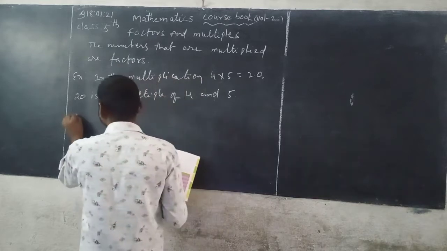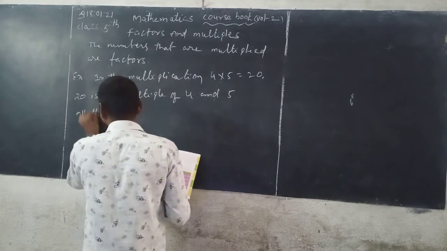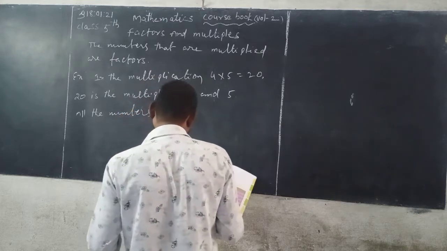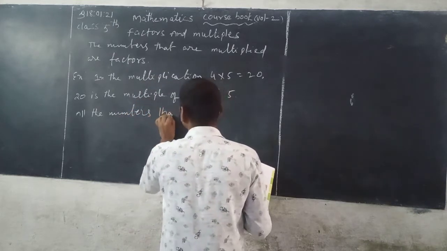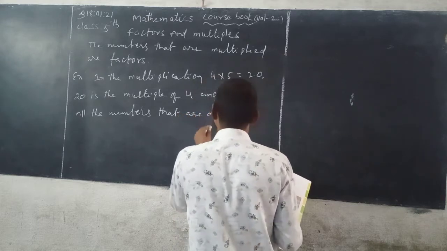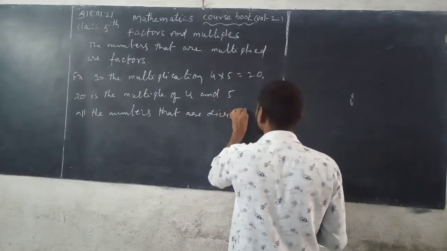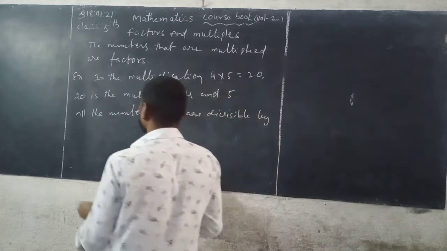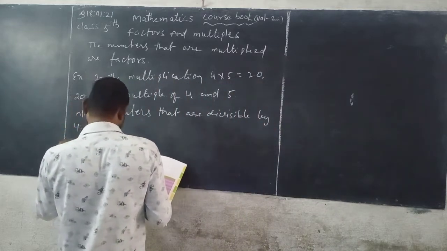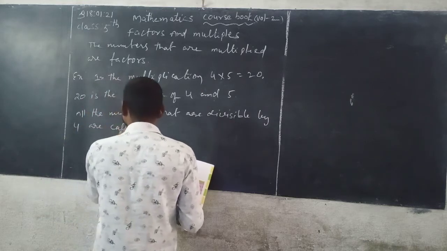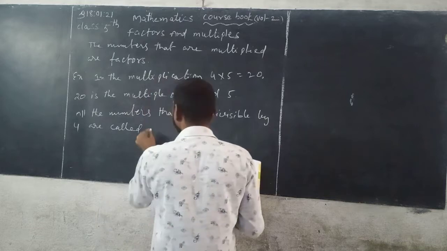All the numbers, listen carefully, all the numbers that are divisible by 4 are called multiples of 4.